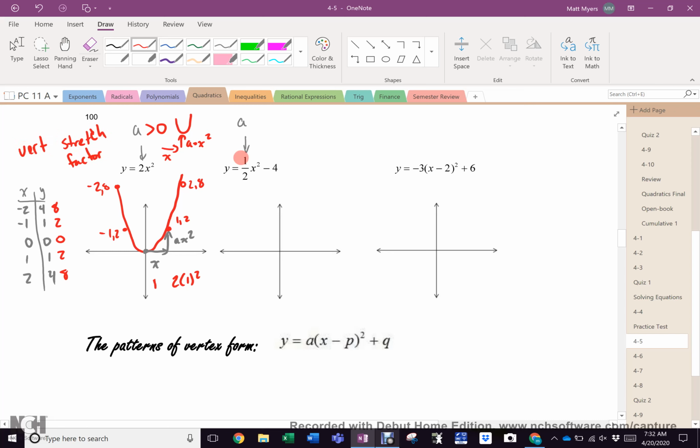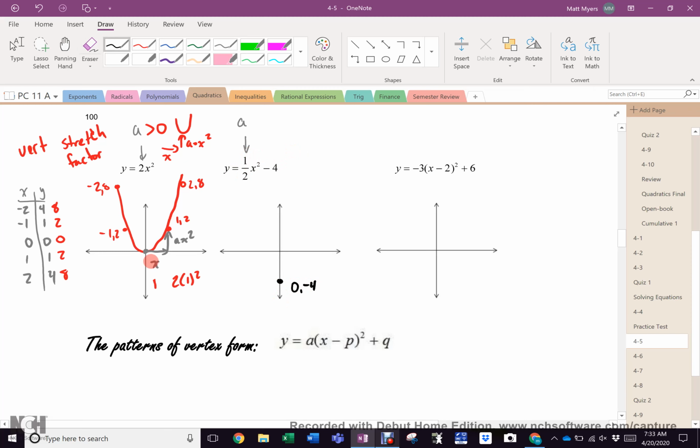Now, you're smart kids. Nothing there, nothing there. It's a normal parabola, right? Oh, but Myers, there's a negative 4. Okay, so my normal parabola is going to drop down here to negative 4. 0, negative 4. A half? What are you talking about, a half?